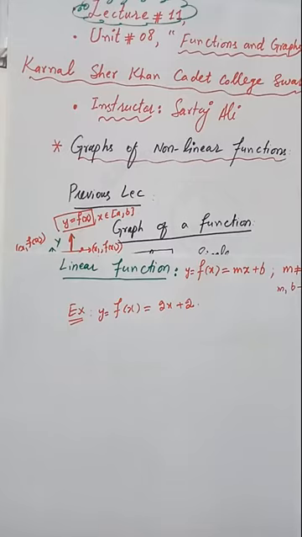Before drawing the graph of this function, remember the shape of the graphs of linear functions. The general shape of the graph of all linear functions is a straight line.